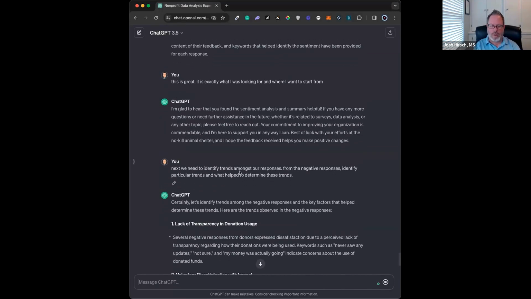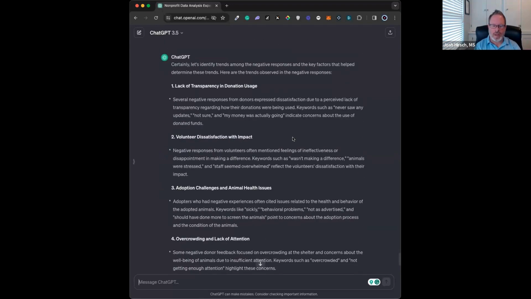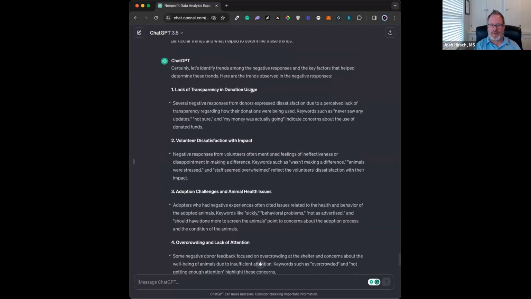All right, so we're looking specifically at negative, because positive is great, but we want to move everyone from negative to neutral and neutral to positive. First, it's saying lack of transparency in donation usage. Several negative responses from donors expressed dissatisfaction due to a perceived lack of transparency regarding how their donations were being used.